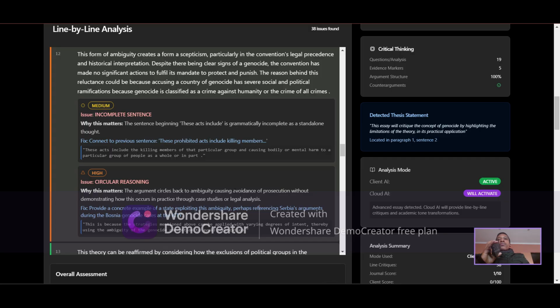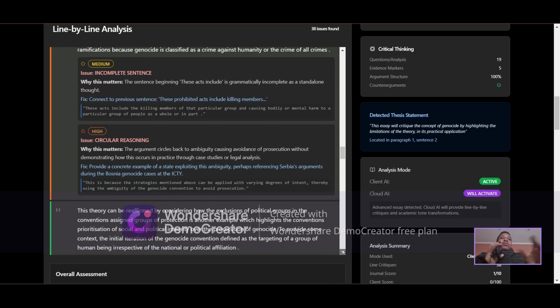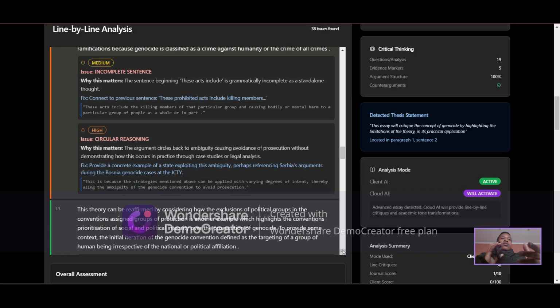I love these as well, like circular reasoning. The argument circles back to ambiguity causing avoidance of prosecution without demonstrating how this occurs in practice throughout case studies or legal analysis. We don't have time to go through the whole essay, but it'll pick up that you made a good point, but it's missing a lot of things that your tutors want to see.